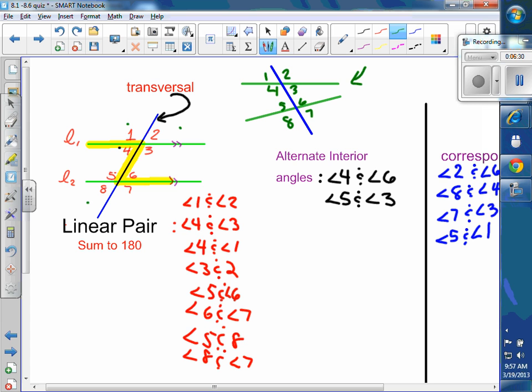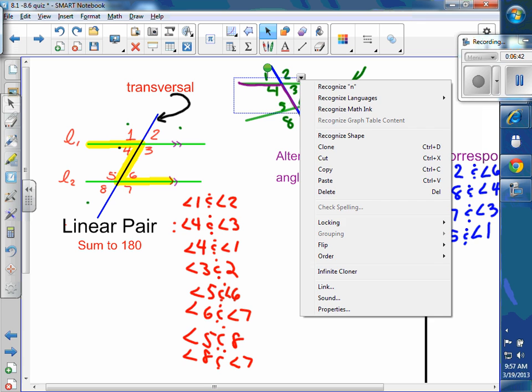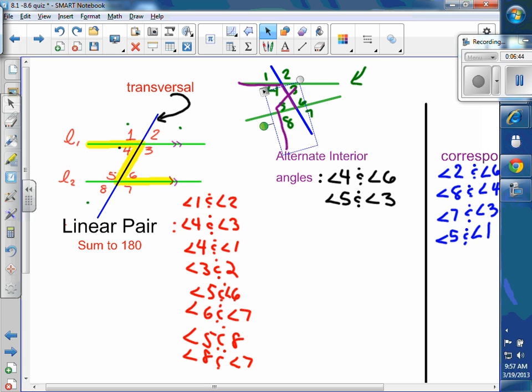Because 4 is bigger than 90 degrees, and 6 is a little bit bigger, but not as big. If I trace 4 and the lines are not parallel, you can see that it's not the same as 6. You see that? So alternate interior angles are equal when what is true? Only when the lines are parallel, right?